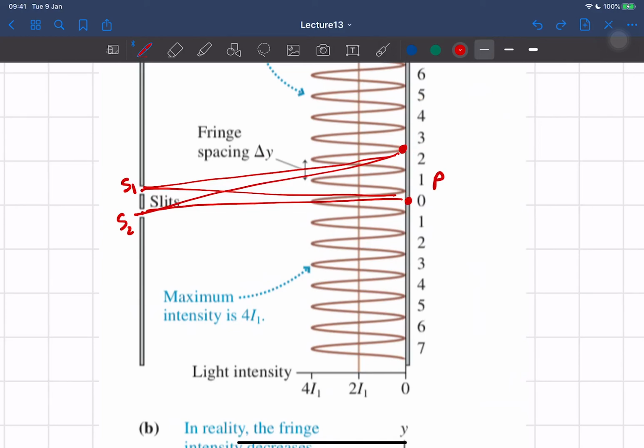And depending on whether the path difference is a multiple of lambda, you get a bright spot, which is constructive interference, that happens here, here, here, here. All the numbers are constructive interference. So the path difference is a multiple of lambda in these cases. Or you can have the path difference be a half multiple of lambda, which is the green position here, where you see the dark spot.